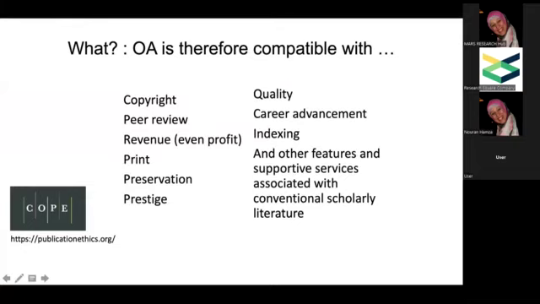So we are now at the point, if you look at organizations like COPE, publicationethics.org, one of the biggest industry players, one of the benchmarks for a lot of this content, keeps us all in line, keeps us all on the straight and narrow. Copyright, peer review, revenue, very important for publishers, print preservation, prestige, quality, career advancement, indexing, and a number of other features are all consistent with open access publishing.